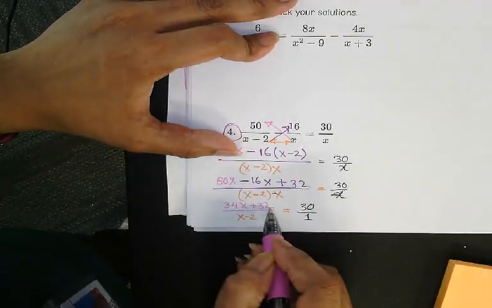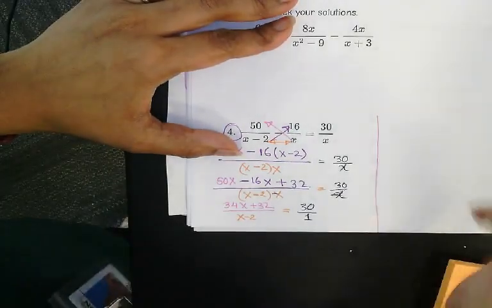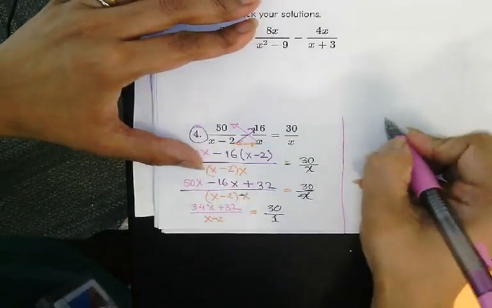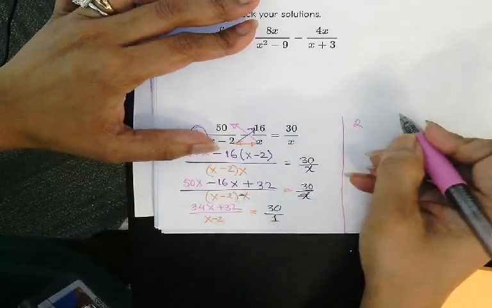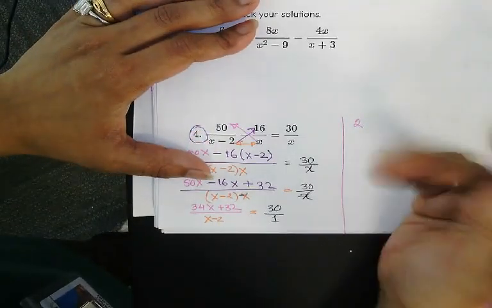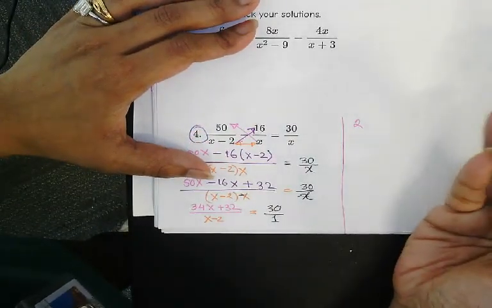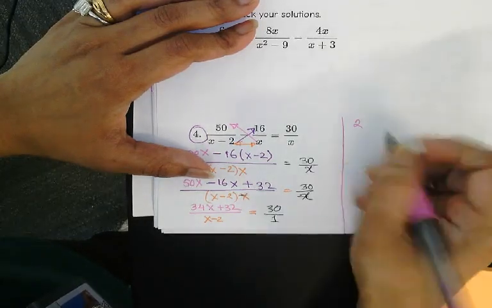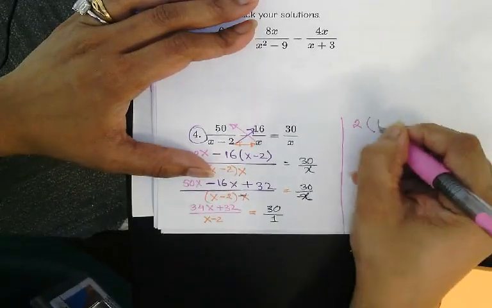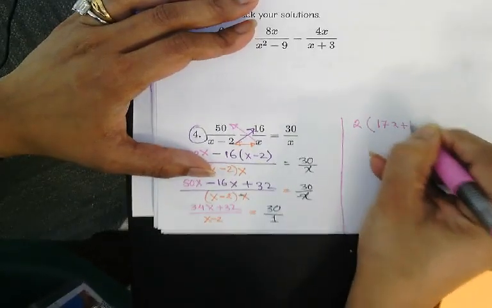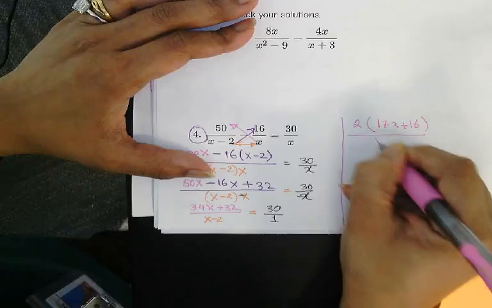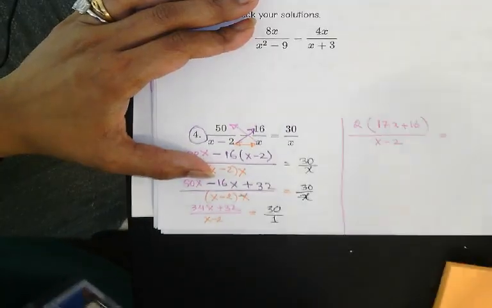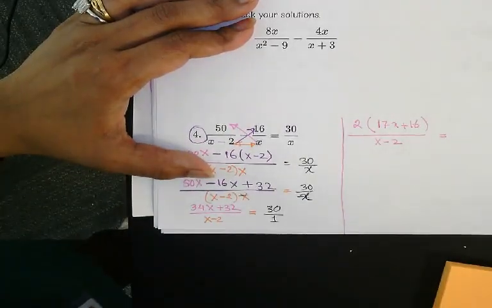On the top? What is the GCF? 2. Anything bigger than 2? 4 is going to work? No. Okay. I'm just making sure. Plus 16 over x minus 2 going to be equal to 30 over 1.